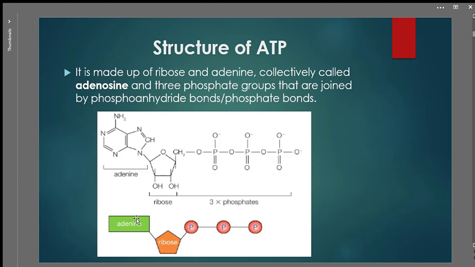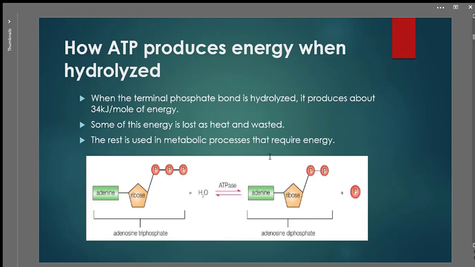Now, this is just the basic structure of ATP, whereby adenine joins with ribose and the 3 phosphate groups to form ATP. Now, how does ATP produce energy when hydrolyzed?